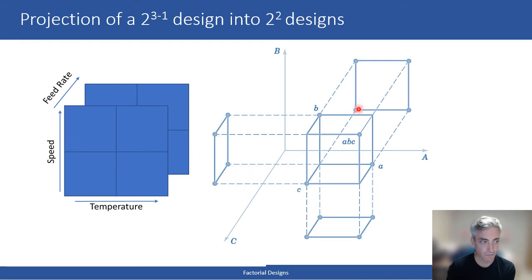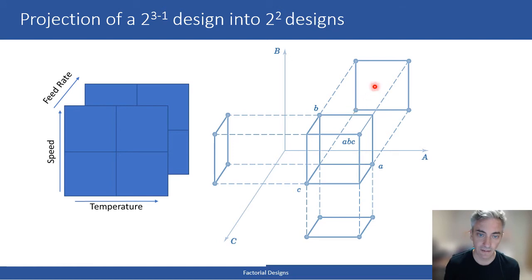The same applies for, what would this be, speed and temperature. If I project these 4 points onto this axis, I have a 2-factor experiment of temperature and speed. So I see the effect of changing the speed, which is the vertical. I see the effect of changing the temperature, which is the horizontal.